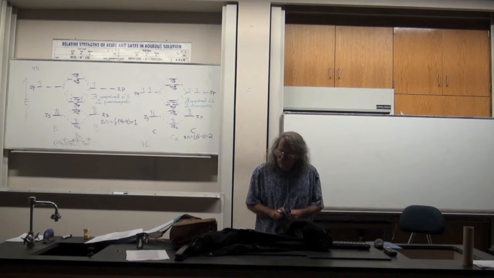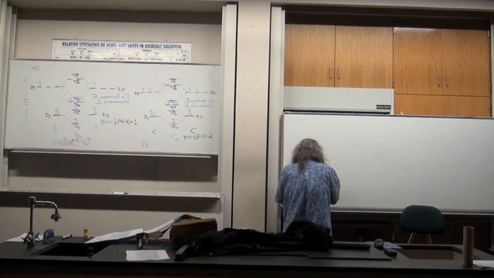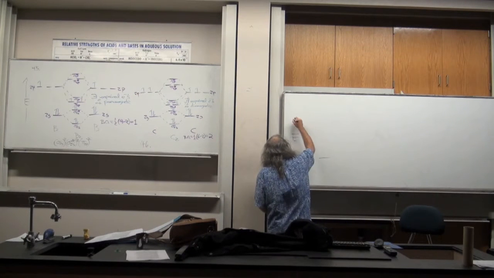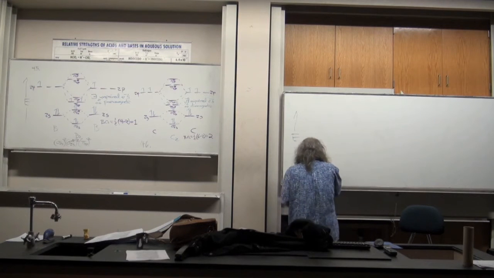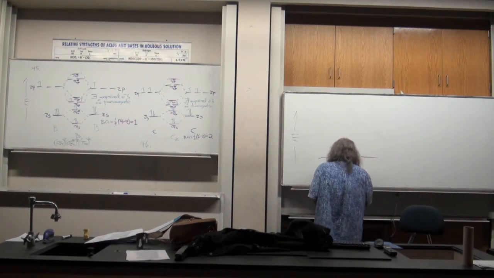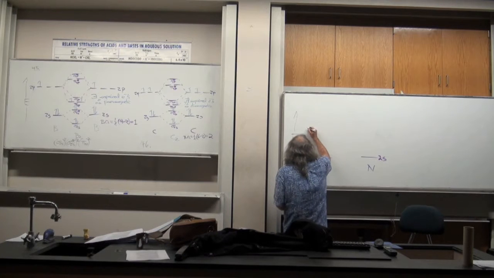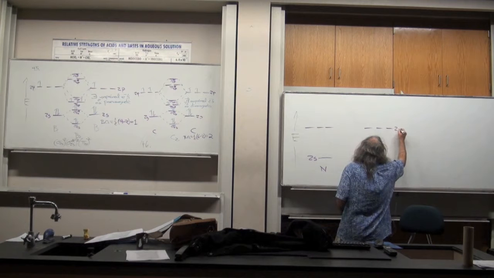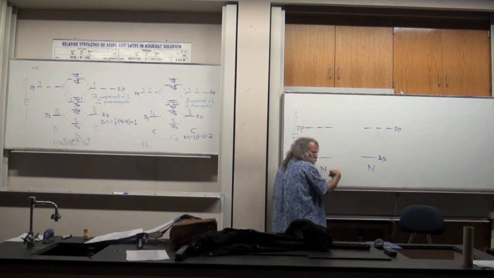Okay. Number 47 is nitrogen. And my energy axis. And what's the first combination?